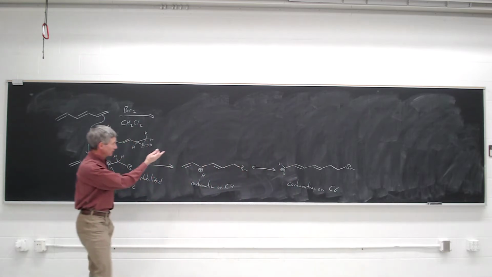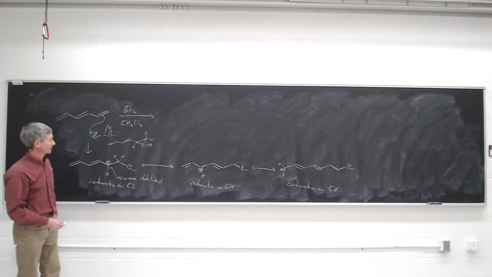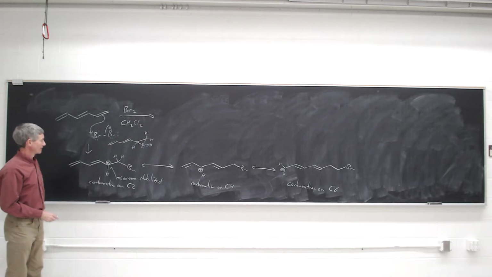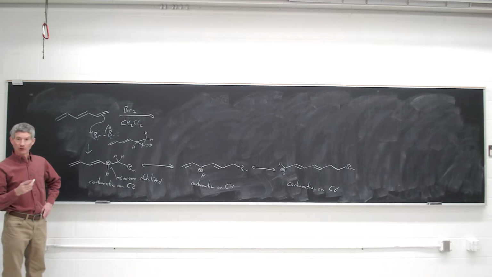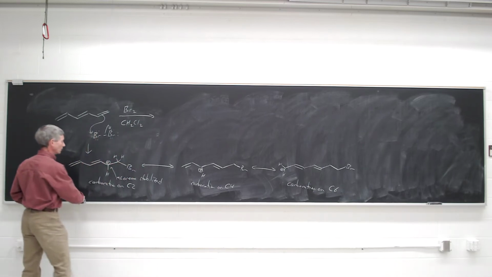Where carbon 1 is the carbon that the bromine is attached to, because now that the bromine is attached, it takes the priority. In theory, any of these 3 carbocations can react now with bromide.